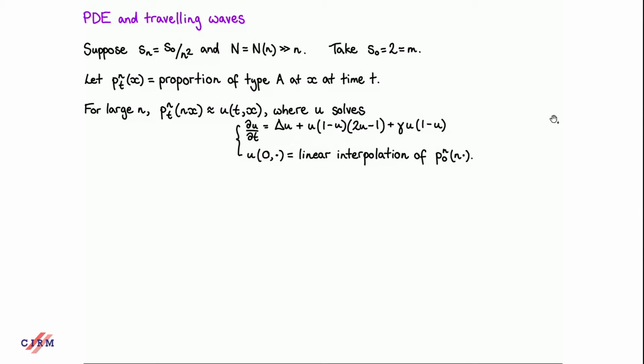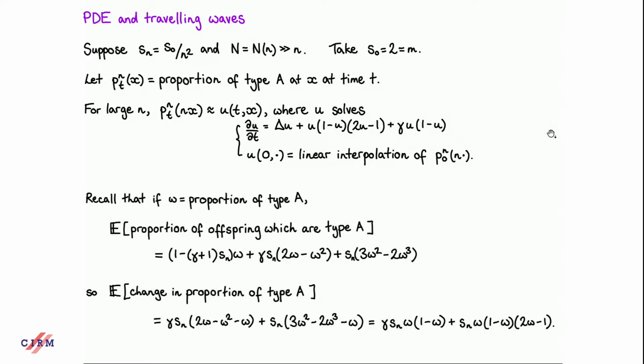So why would we expect to get this PDE? Well, if you remember from the slide about the motivation, if W is the proportion of type capital A in the population at some site, then roughly speaking, the expected proportion of offspring which are type capital A should be 1 minus gamma plus 1 Sn times W, plus gamma Sn times a nonlinear term in W, plus Sn times another nonlinear term in W. And so roughly speaking, the expected change in proportion of type capital A at a reproduction event should be this thing minus W, because a uniformly chosen individual dies in a reproduction event.